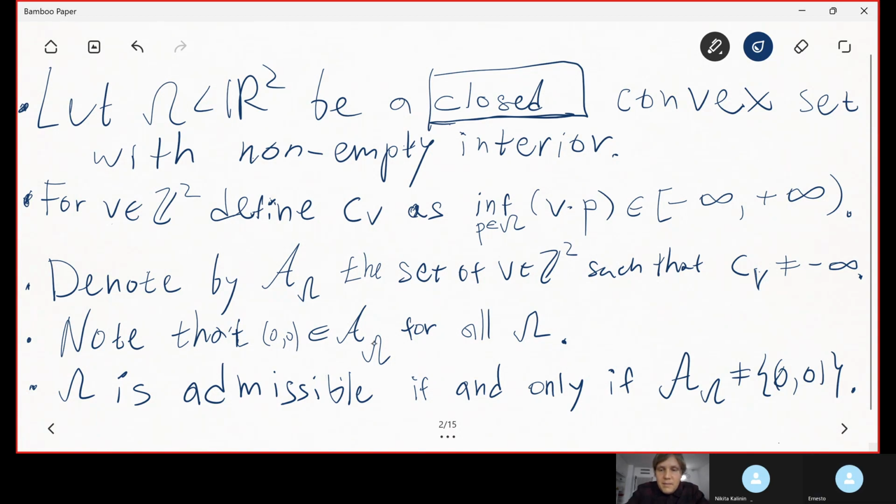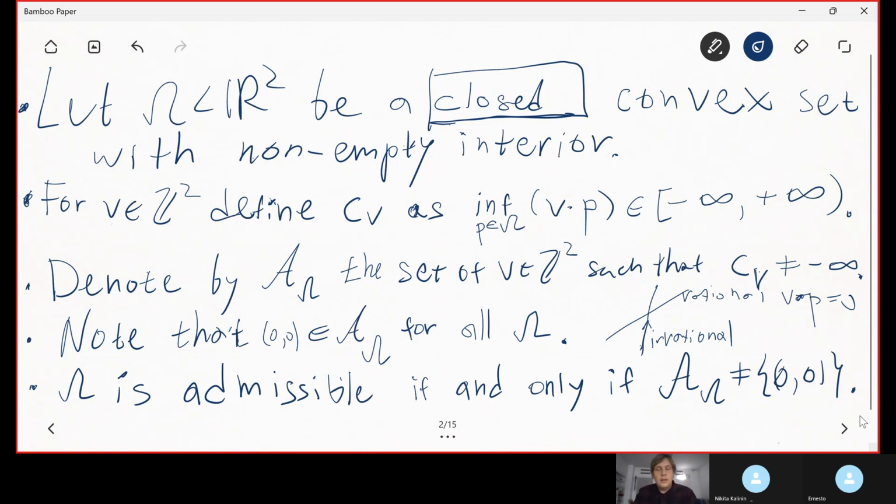Because a line with a rational slope, so let's say v defined by the equation pv equals 0, will always intersect a line with an irrational slope. And going along this line, you will get as large or as small as possible. So you're not bounded. So that's one implication.